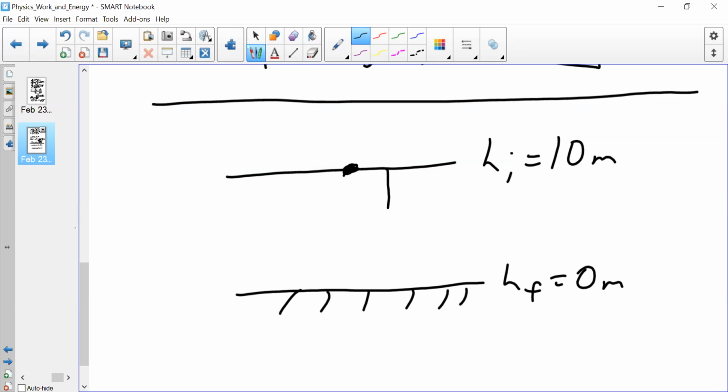We notice that the force due to gravity, well, it always points down, is going to be in the same direction as the fall or the displacement downward. So when we go downward in the y-axis, it's going to be a negative delta y. So force due to gravity is down, the displacement is down.